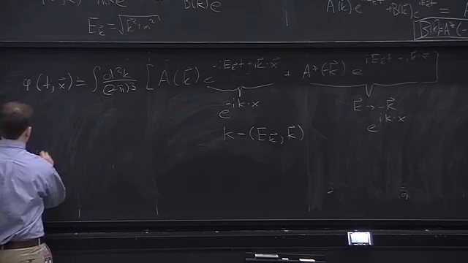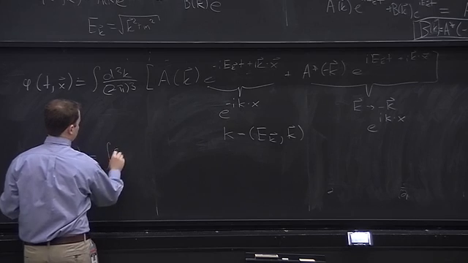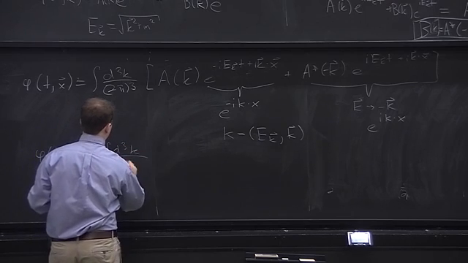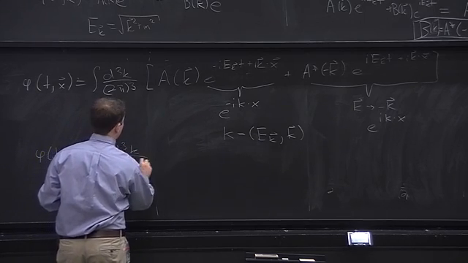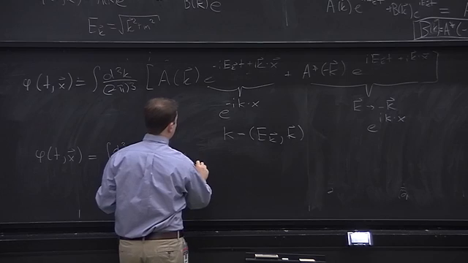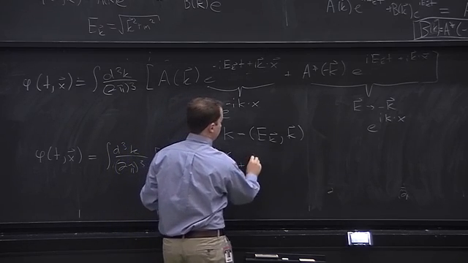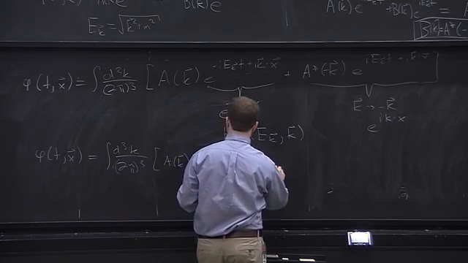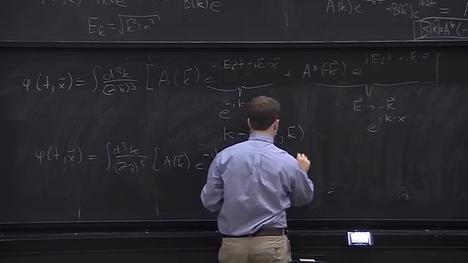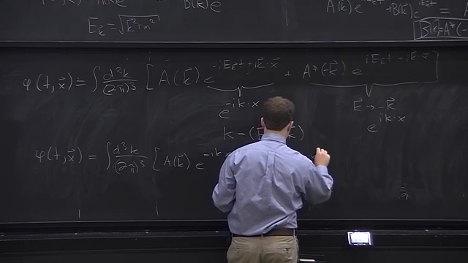So what we get then is phi of t, x equals the integral d^3k over (2 pi) cubed, a of k e to the minus i k dot x plus a star of k e to the i k dot x.